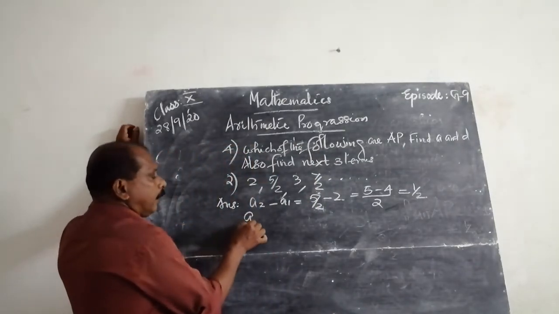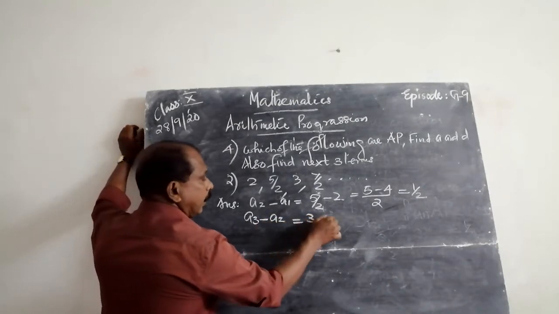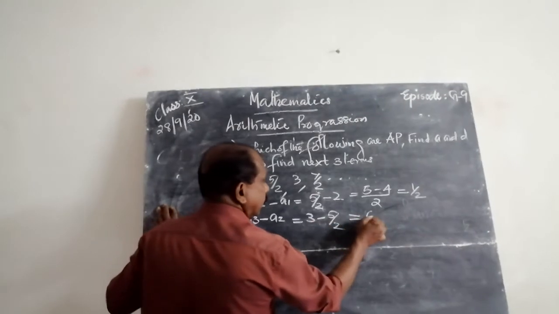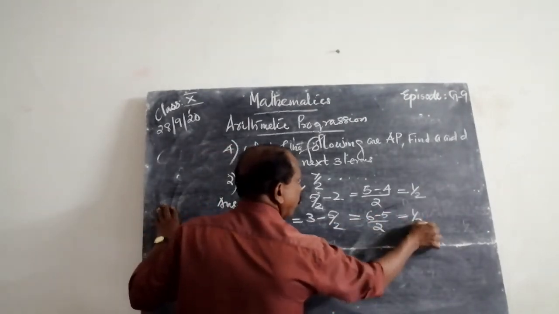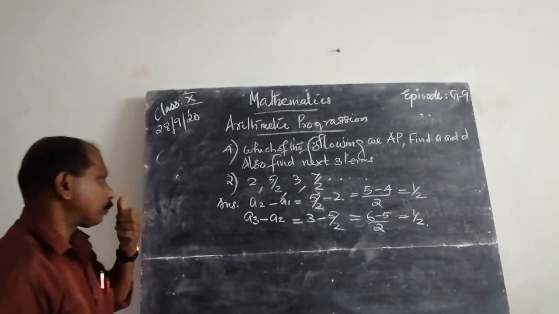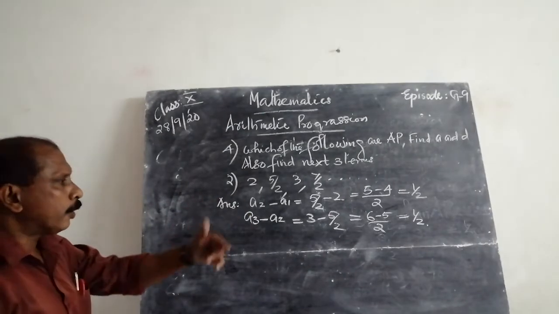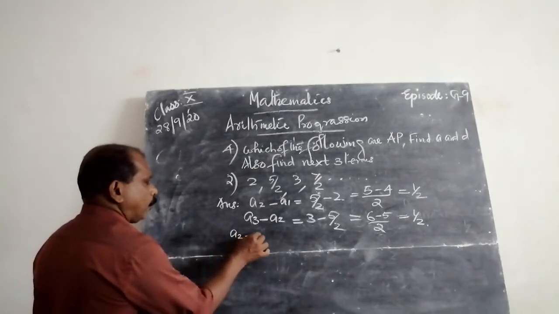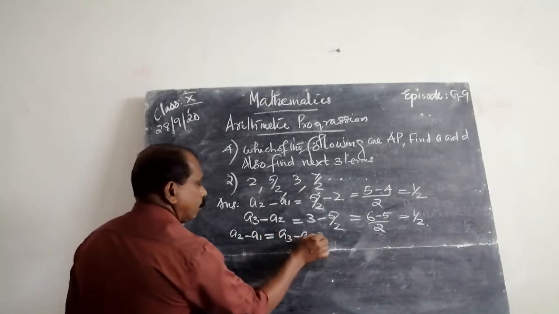Then A3 minus A2. Then 3 minus 5 by 2 is equal to 3 into 2 is 6, minus 5 by 2, which is equal to 1 by 2. They are equal. That is, A2 minus A1 is equal to A3 minus A2.